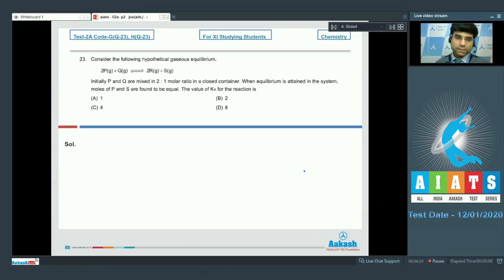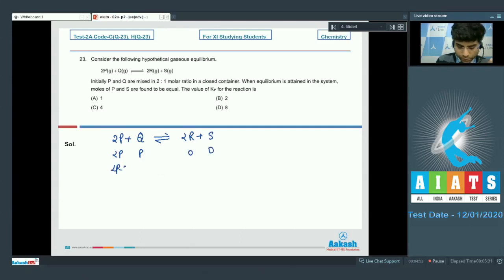The value of Kp for the reaction is... Students, if I consider the value of Kp, the ratio of pressures will be in the ratio of the number of moles, considering the volume constant. So we are taking pressures here. The pressure of P, let us say, is 2P. For Q it will be P. This is 0 initially.